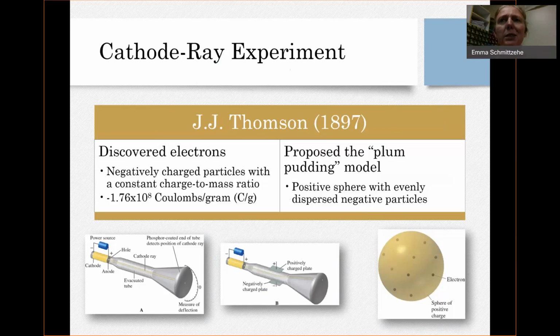So what he proposed is that you have this positive sphere, this constant space or ball of positive charge, and that within it there were particles that have a negative charge, and those negatives could get knocked out. But the positive charge is just that large sphere. And so that was called the plum pudding model.